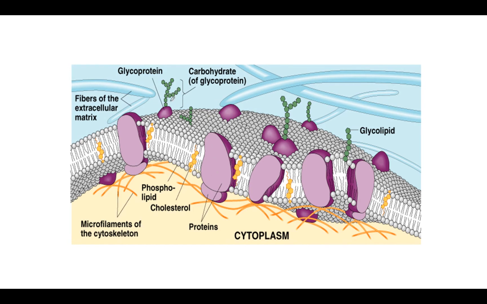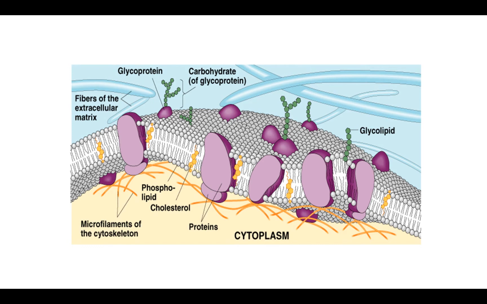And you can see this green hexagonal structure. This is carbohydrate. Therefore, carbohydrate binds to protein. We call that glycoprotein. Glycogen, glucose, these represent the carbohydrate portion. And protein. When carbohydrate and protein bind together, we call the entire structure a glycoprotein.